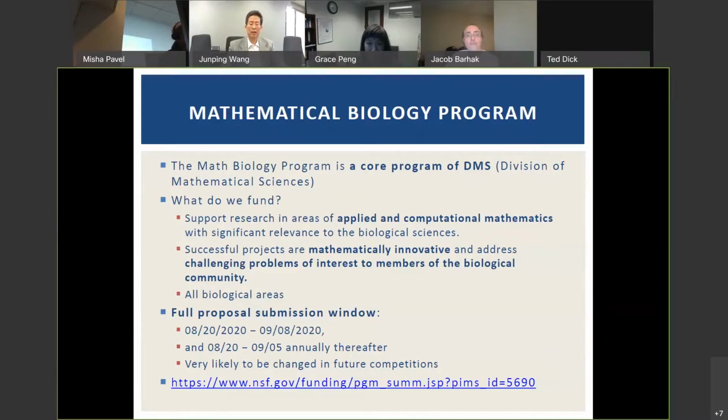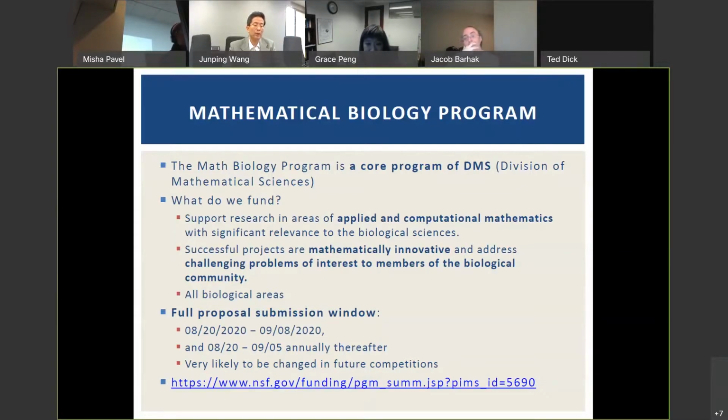So we don't like to support research that is purely math or with a hypothetical use in biology. That's not what we like to do. We want our investigators to do research in math that is very relevant to biological sciences. In terms of biological areas, we cover essentially all areas in biology.